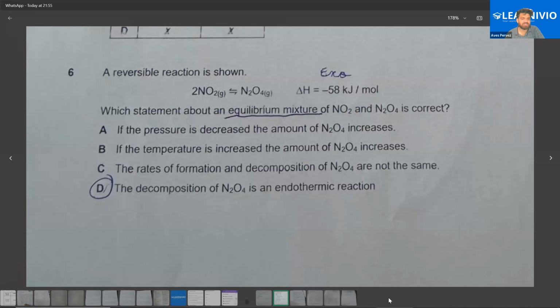For example, if a reaction going from A to B is exothermic, then the backward reaction from B to A will be endothermic. Good.